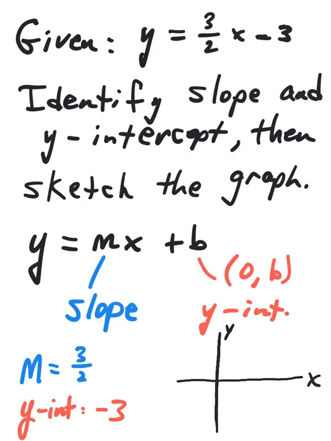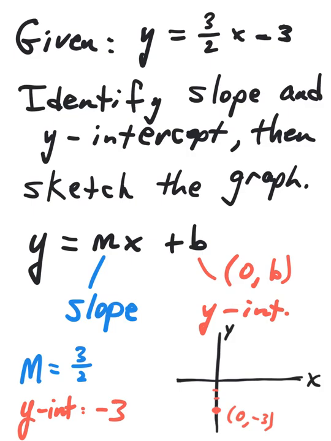We can sketch our x and y axes. First, and this is the way you're going to want to do the slope and intercept technique, you want to count off your y-intercept first. So we're going to go down to -3, put a point, and then we're going to use the slope as a counting measure to get to a second location, place that dot, and then connect the dots.